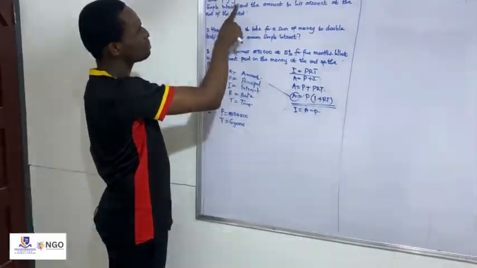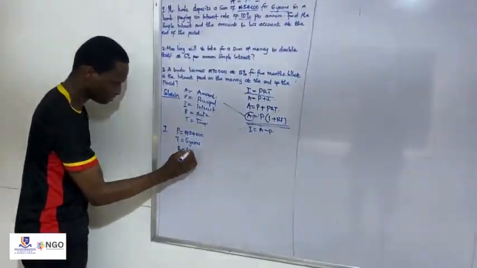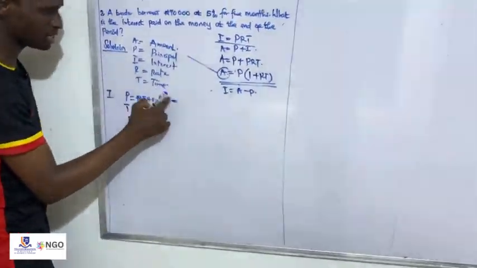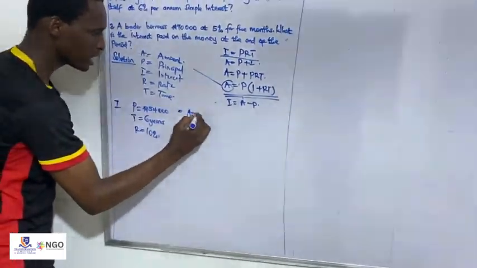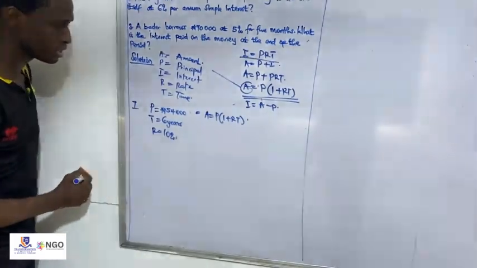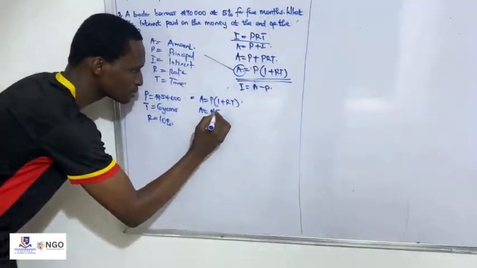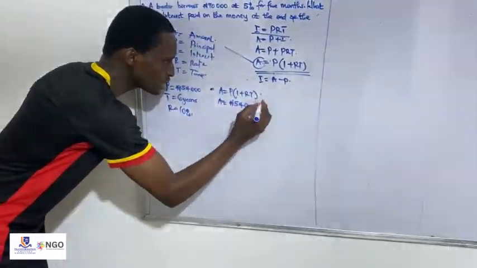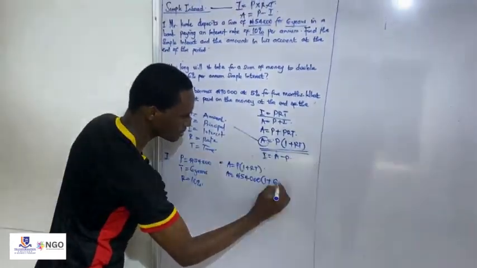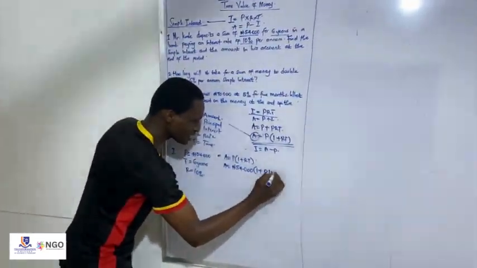The bank pays an interest rate of 10%, so your R equals 10%. Applying the formula, A equals P into bracket 1 plus RT. What's our P? 54,000 naira into bracket 1 plus R, which is 10%, that's 0.1 times 6.